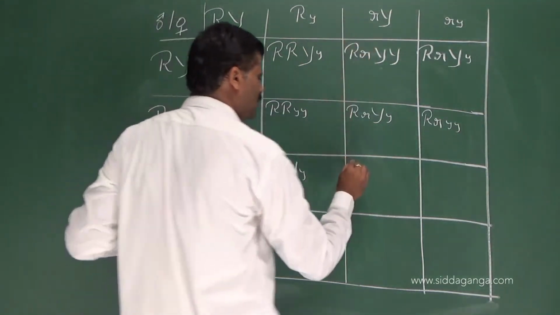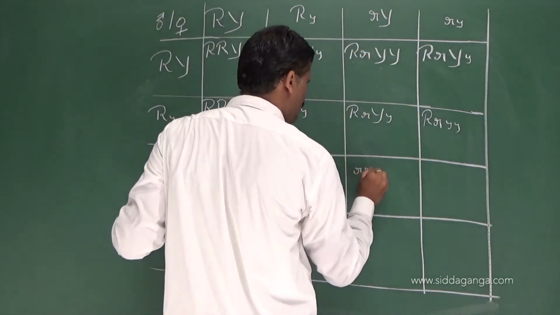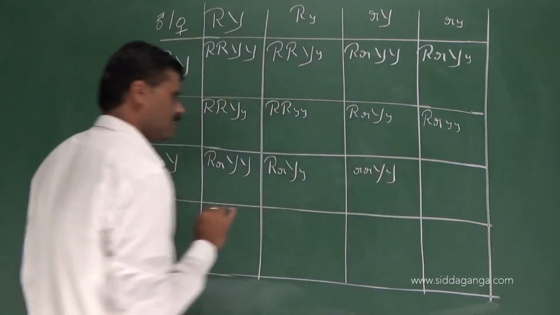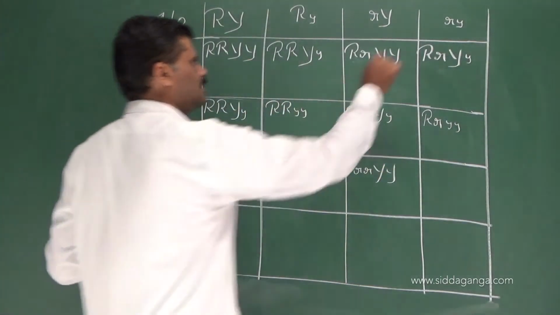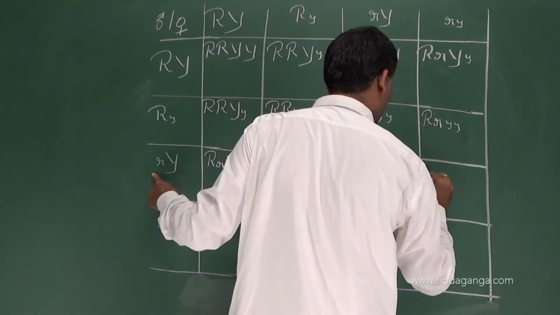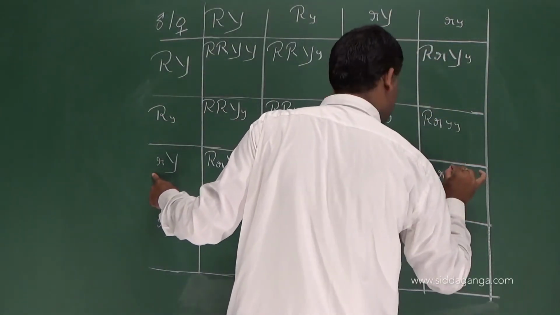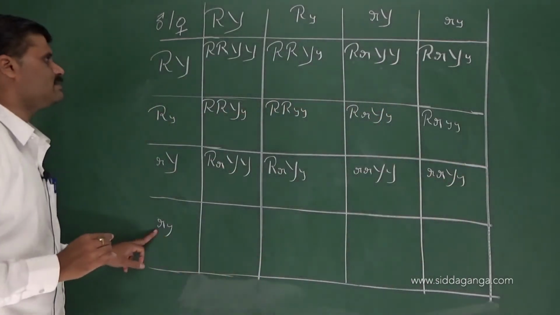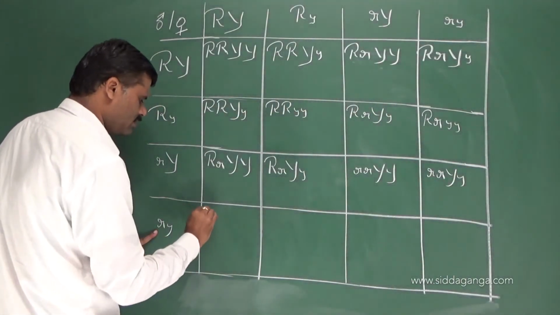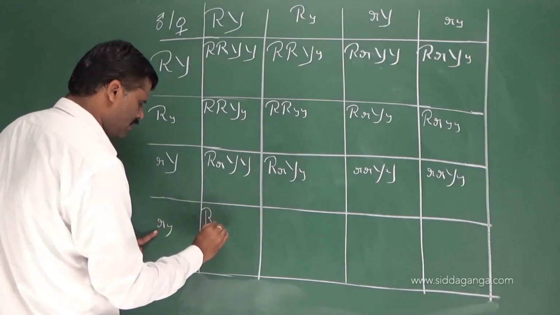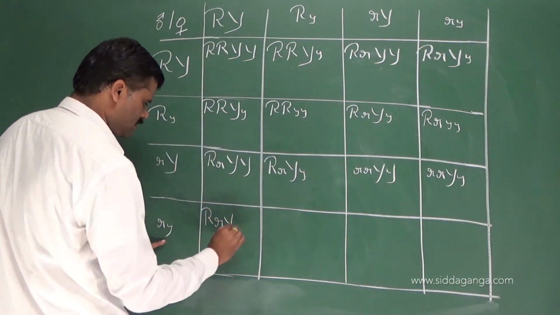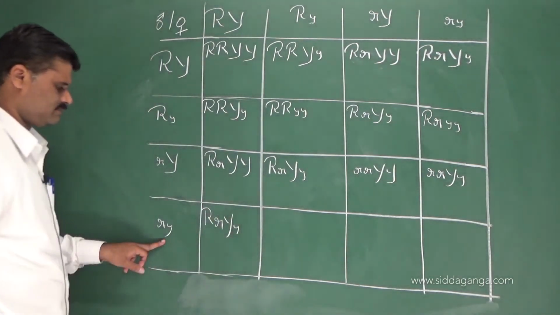Then here small r, capital Y. Next, this small r, capital Y, small y. Capital R means dominant, small r means recessive, capital Y dominant, small y recessive.